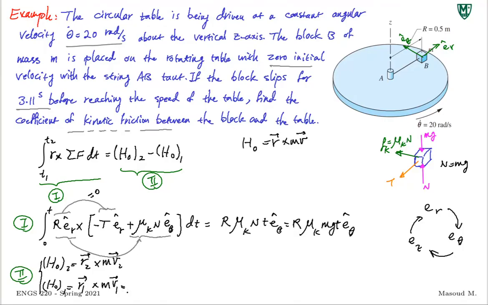Looking at the first one, R1 is R e_r cross, well, what is V1? Initial velocity is 0. So this whole thing becomes 0.